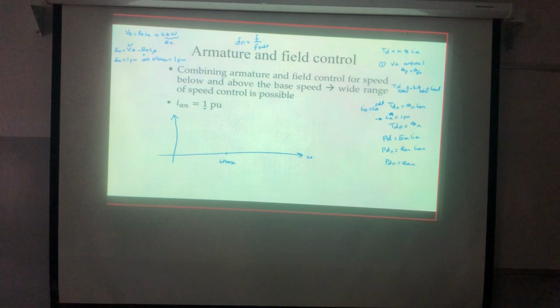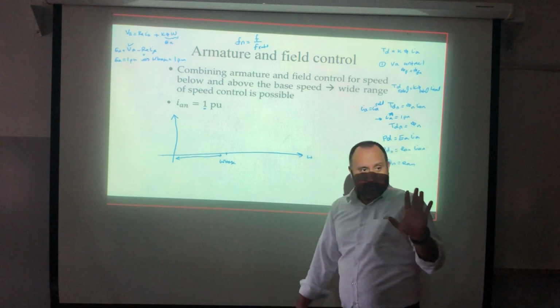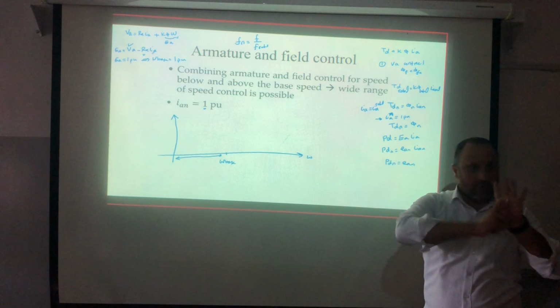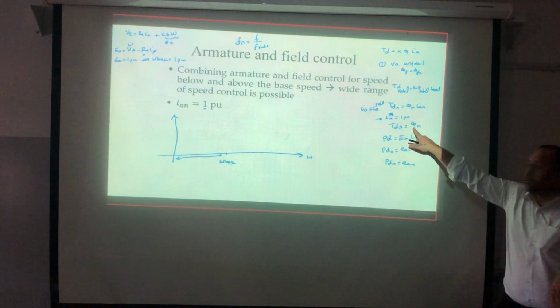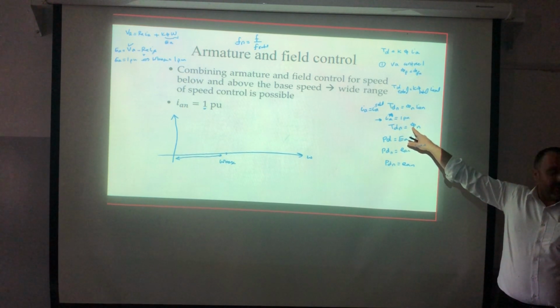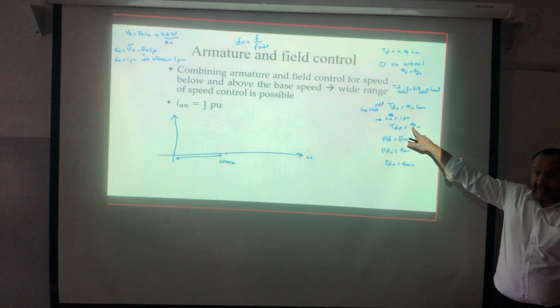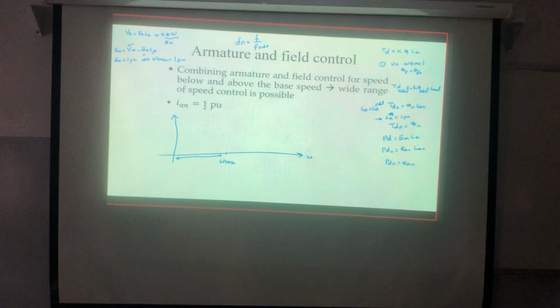Now, from omega greater than 0 to omega less than omega base, what am I controlling, the armature voltage or the field? The field is kept constant at the rated value, correct? So the torque will equal 1 per unit. So simply, this curve is for TD normalized and phi normalized, correct?